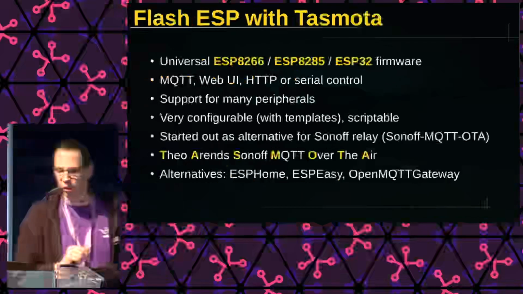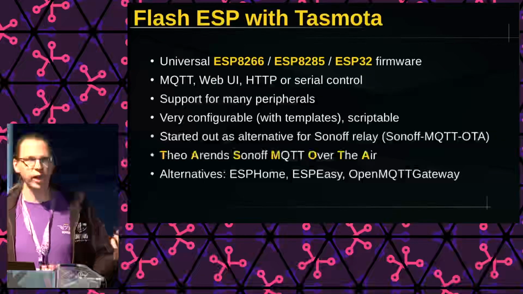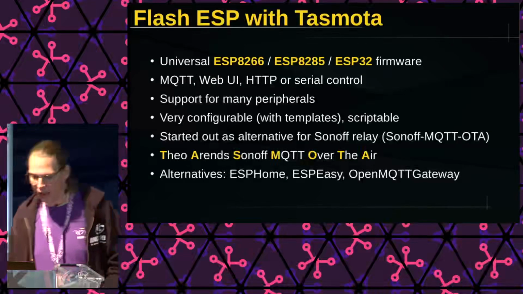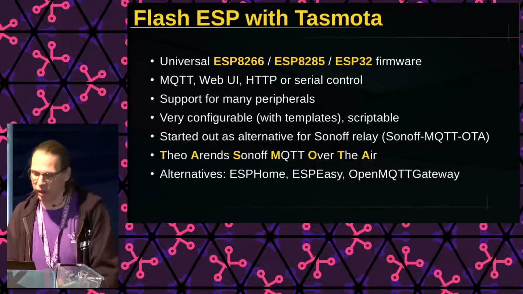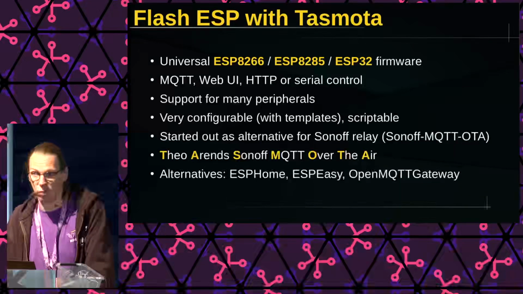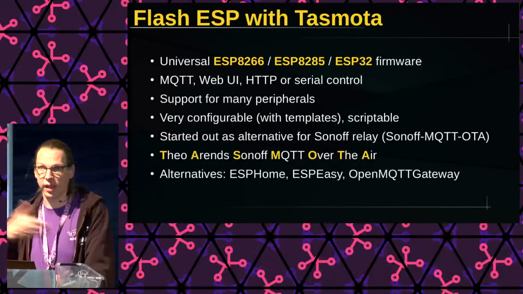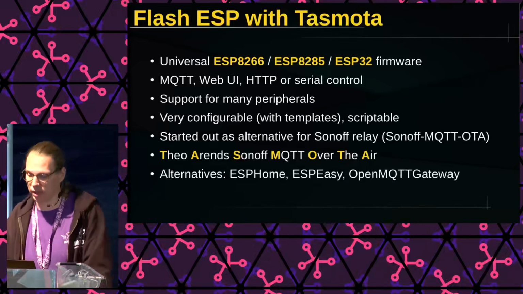It's very configurable, and although it started out for a smart relay, a Sonoff relay, it is now a huge library for a lot of different devices, and you could probably have the ESP version of the Tuya Lite in there with just a few clicks, which we will actually try and do.